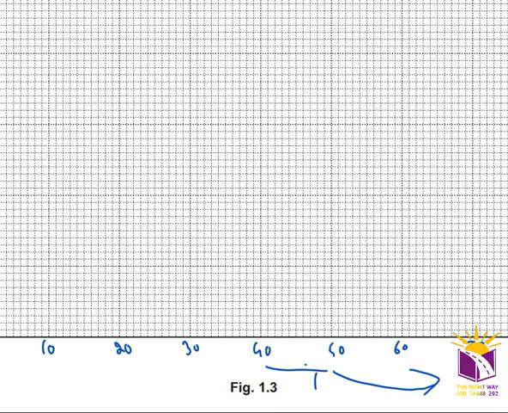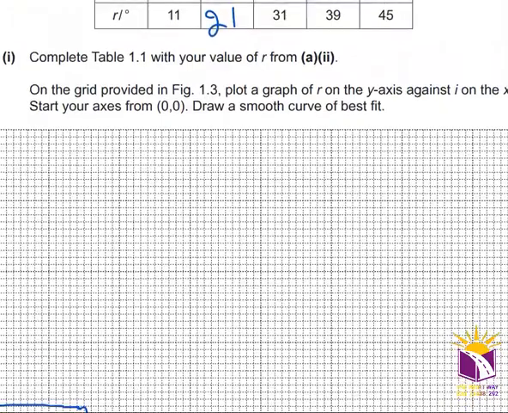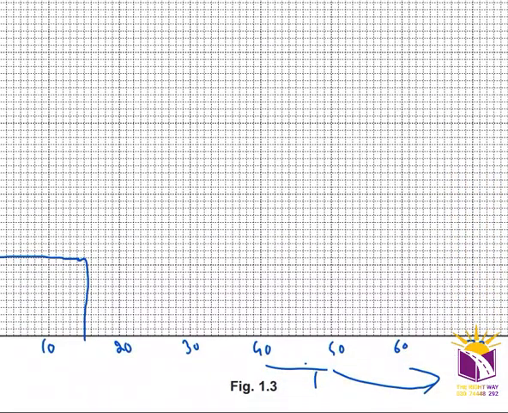So 15 will be between 10 and 20, and 11 on the y-axis will be a little bit above 10. The second one is 30 and 21.